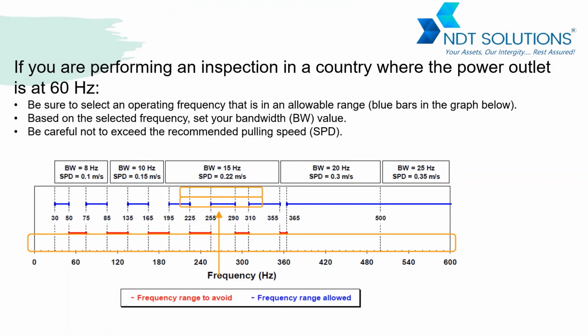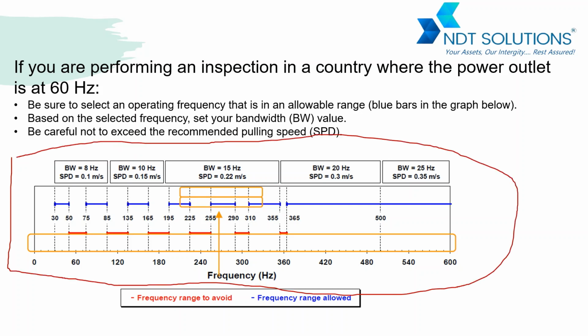Apart from that, there is one more crucial part of calibration or making the setup. We don't check on what bandwidth we are doing the inspection. Let us say we are using a 60 Hz power supply; here is the band strip chart which we need to follow.